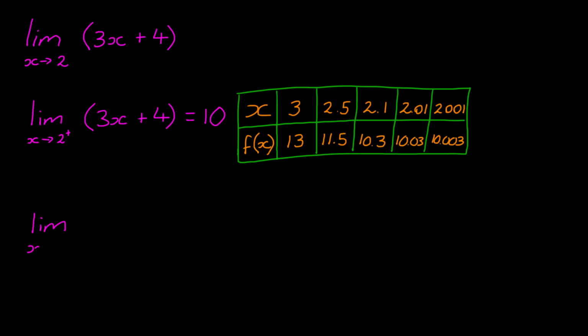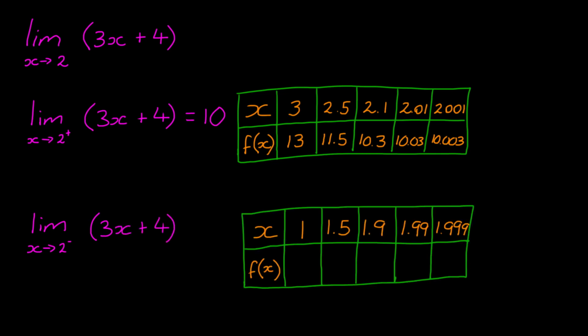So we'll have the limit as x approaches 2 from the negative side of the function 3x plus 4. So we've drawn another table, and this time we're considering values that start at 1 and approach 2. So we've got 1, 1.5, 1.9, 1.99, and 1.999. And again, we'll evaluate each of those.